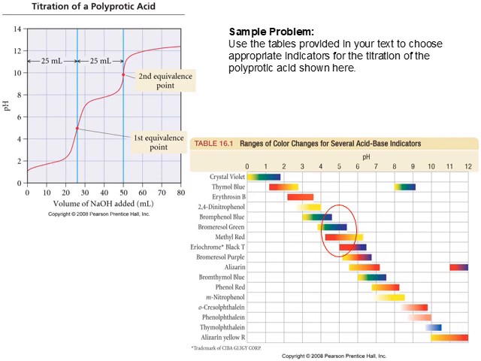To identify the second equivalence point, we want to find an indicator that changes color around pH 10, the pH of the second equivalence point. Here, phenolphthalein, thymolphthalein, and alizarin yellow would be suitable indicators.